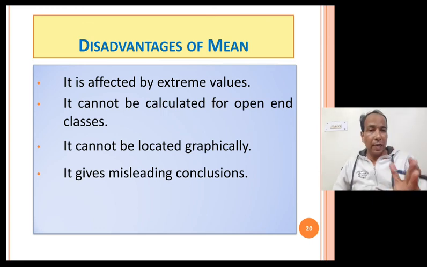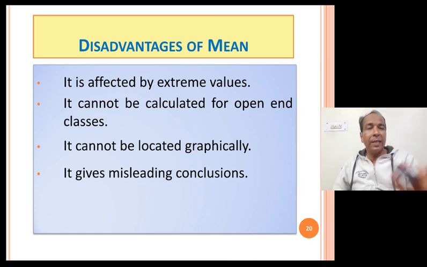When the data set has extreme values or outliers, you avoid mean. It is not advisable in that case. Second, it cannot be calculated for open-ended classes; if classes are open-ended, we need to make assumptions, so it is not very suitable. Third, it cannot be located graphically, because it is not a positional measure.